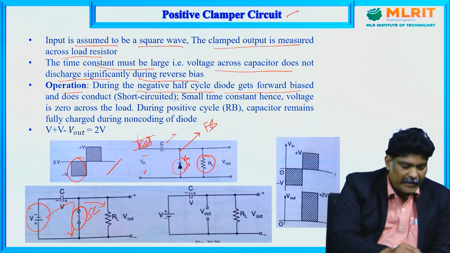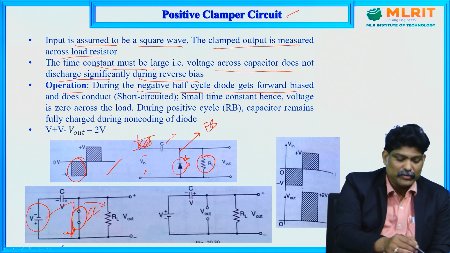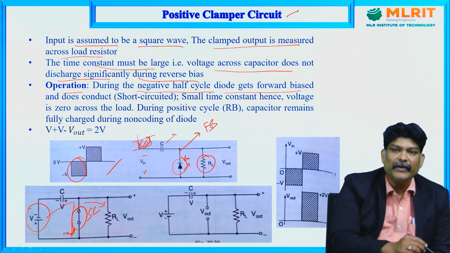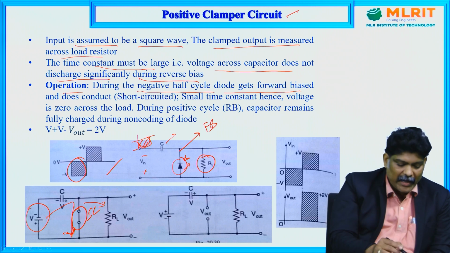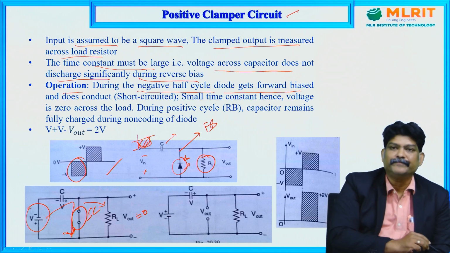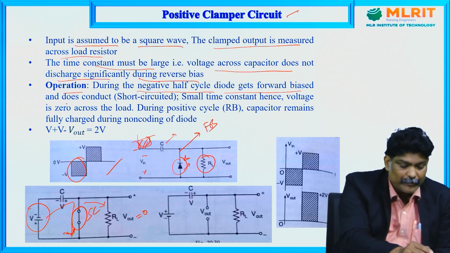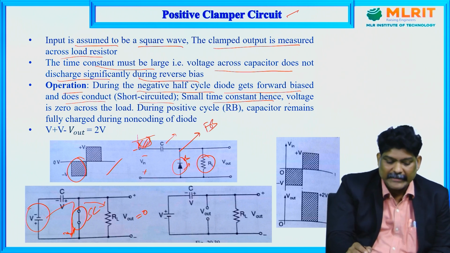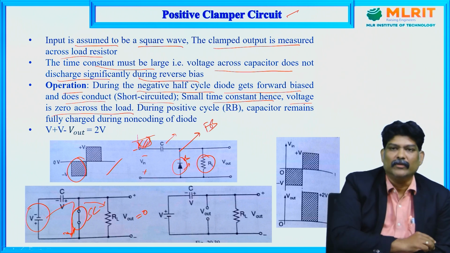The entire input voltage is available across the diode only, and nothing will appear across the load resistor, and V out will be 0. Okay, so that means it does not conduct, short circuited, small time constant, hence voltage is 0 across the load.